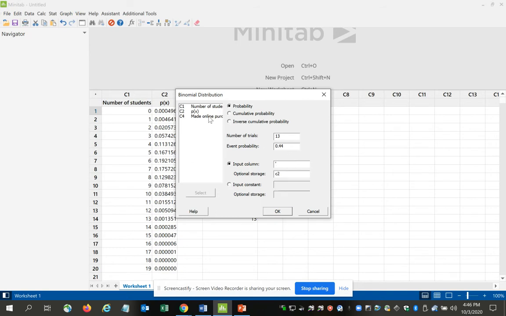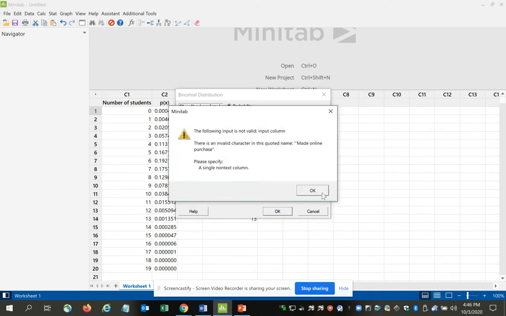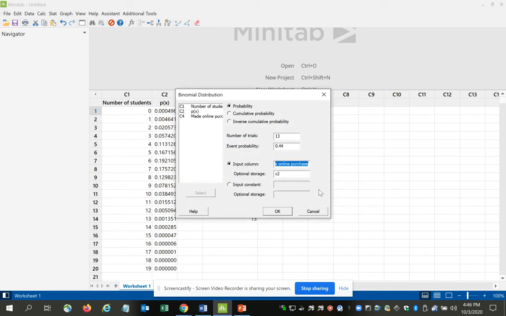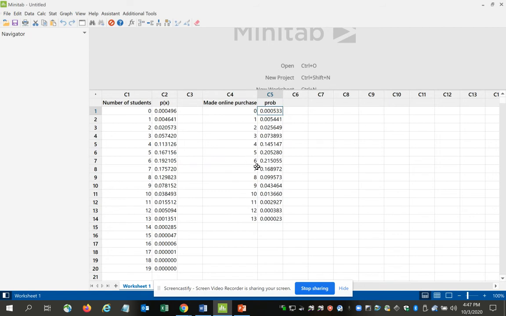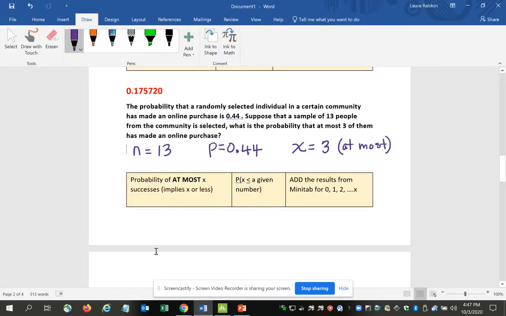Okay, my input column is C4. Doesn't like that. Okay, hold on. And then C5 is where I'm going to put my probability. It does the probability.